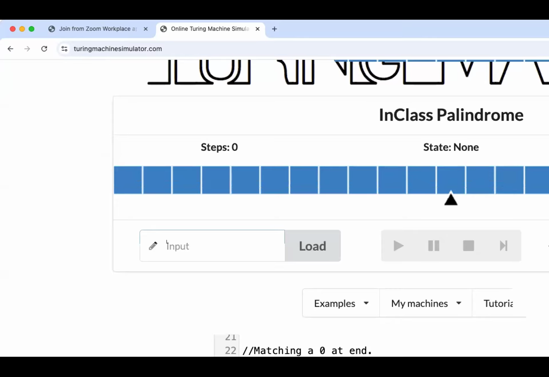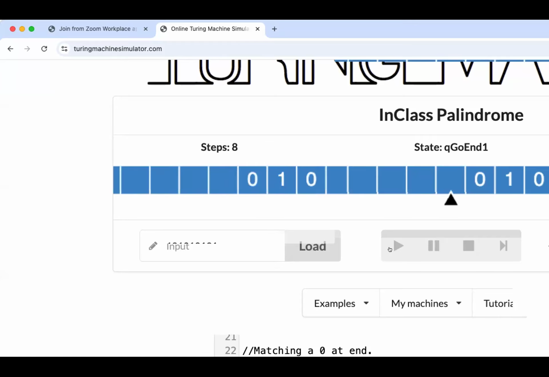So let's say I have this as my input, load. This is not using A, it is just making it empty, but that's fine. That also works.